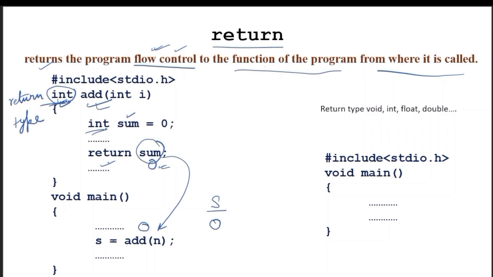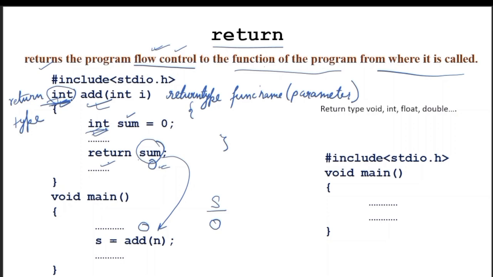So the syntax is: return type, then your function name, and then your parameters list. Then the function starts over here. Here the type of the value to be returned was integer, so you have return type int.